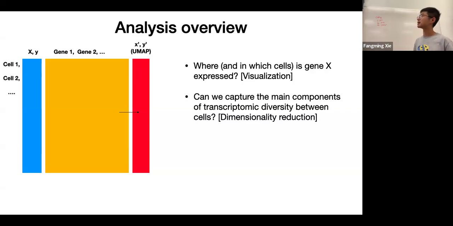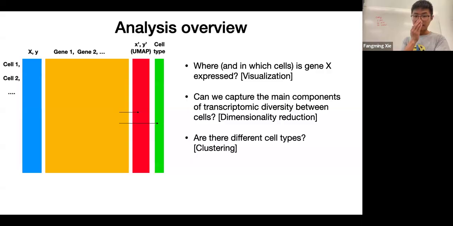But what's the main takeaway in terms of the cellular organization within this data? Can we capture the main components, the axes of variation, between those cells? That's dimensionality reduction. That is one way of summarizing the data, reducing the dimension on genes.